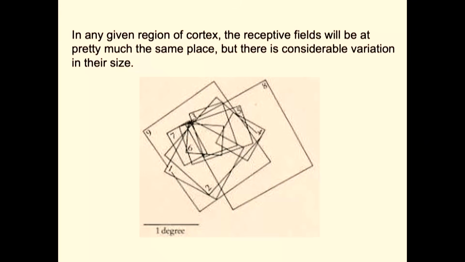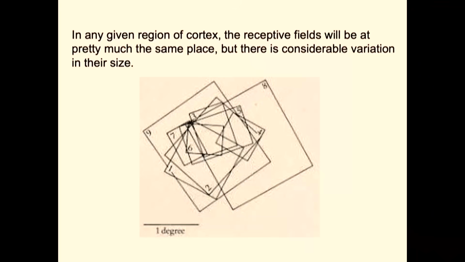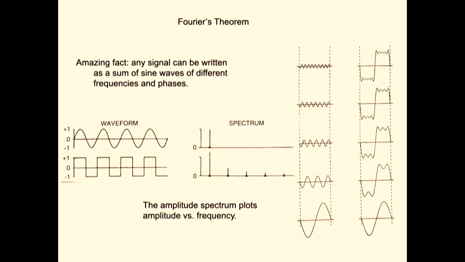Each box represents a receptive field, roughly the region of space that drives the response of the neuron. The point is that the boxes are different sizes: some are small and some are big. In any given region of the cortex, the receptive fields will all be at pretty much the same place, but there's a fair bit of variation in their size. So what does this mean?